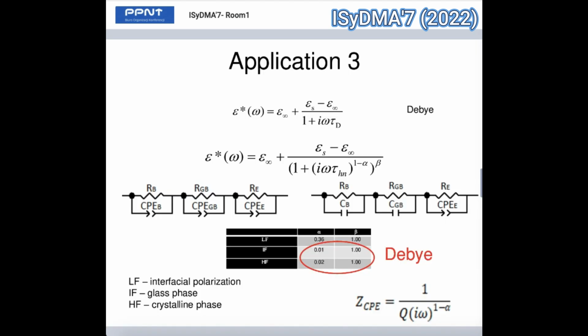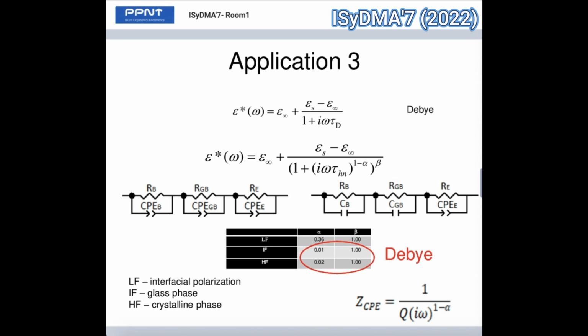So then we try to see using, for example, in this case you use not the Debye but this Havriliak-Negami function with these two exponents. Then we calculate. So we start, for example, as we have three circles, with these three CPE. This is a constant phase element.